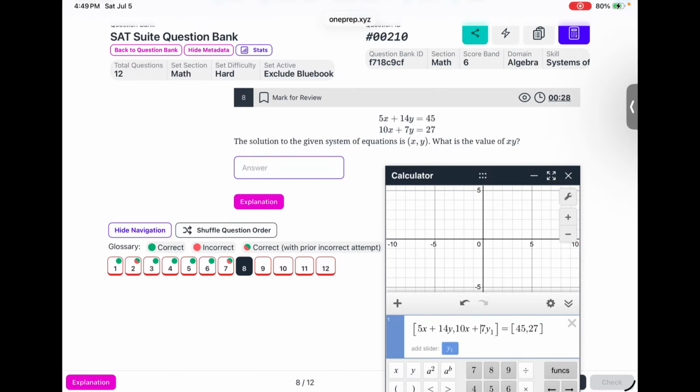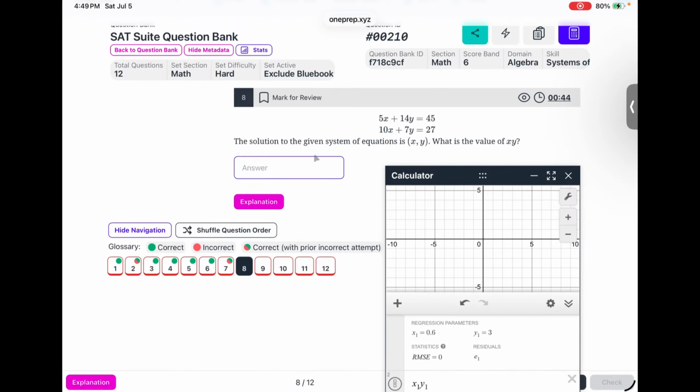Oh, 1, 1, 1, 1. Come on, what's up? Oh, yeah. You guys remember tilde? It's always tilde. So now we need the value of x1, y1, 1.8, 1.8. Check that, and it's correct.